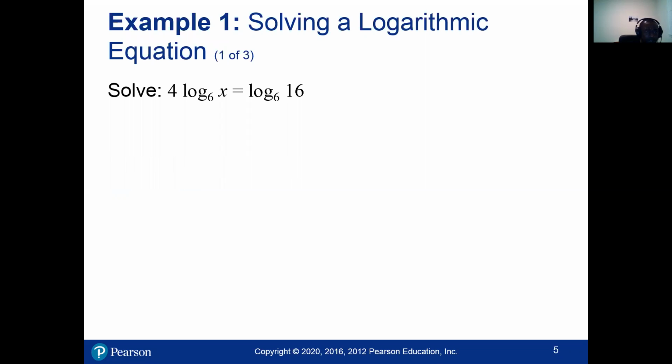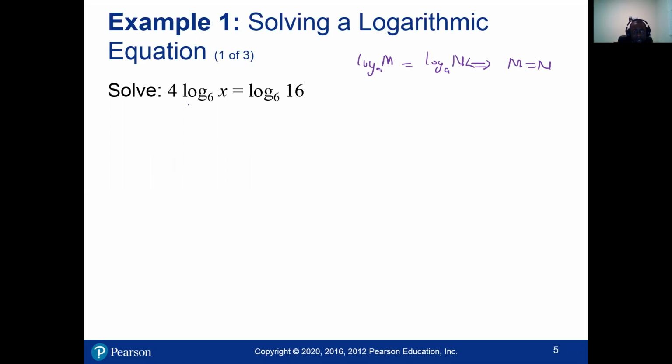First, it says solve the equation 4 times log x base 6 equals log 16 base 6. Now, remember the property: log m base a equal to log n base a, then m is equal to n.